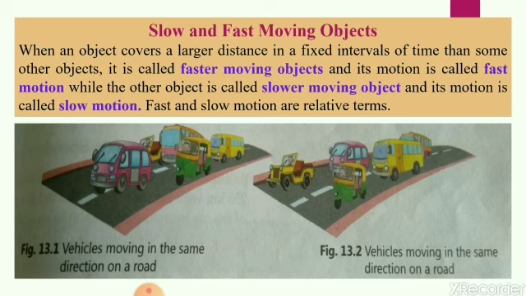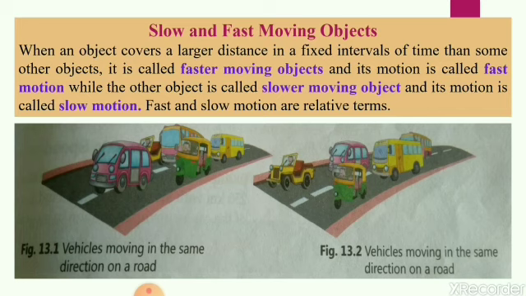Suppose bus will move 4 kilometer or 5 kilometer in that 5 minutes, whereas bicycle can only cover 1 meter or hardly 2 meter in that 5 minutes. So longer distance is covered by bus in that fixed time, and shorter distance is covered by bicycle.